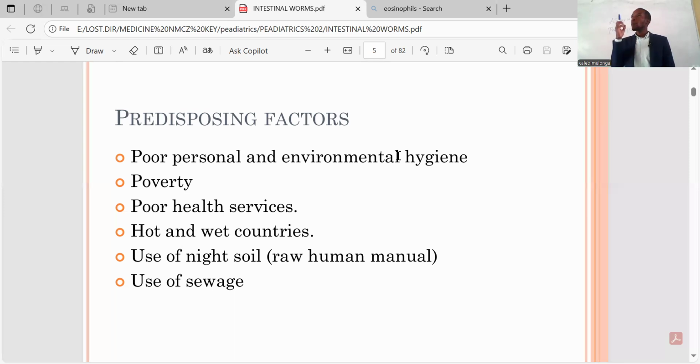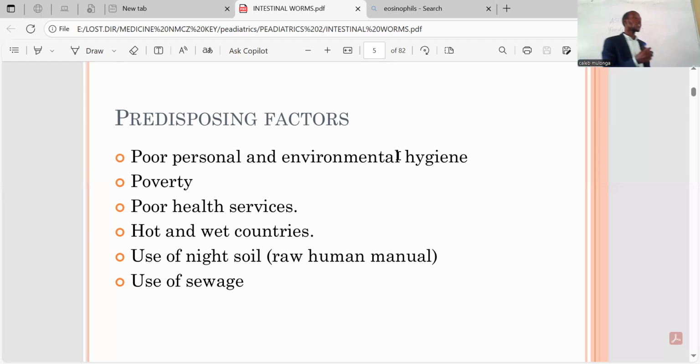So that is why personal hygiene is very essential. When a person is not practicing proper personal hygiene, that predisposes them to Ascariasis.